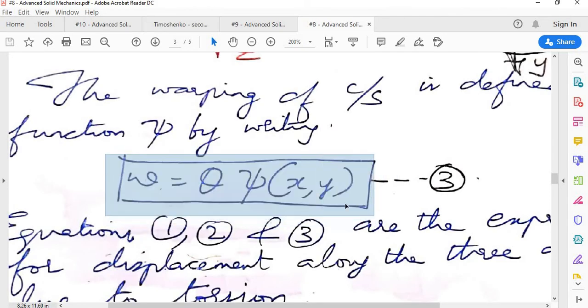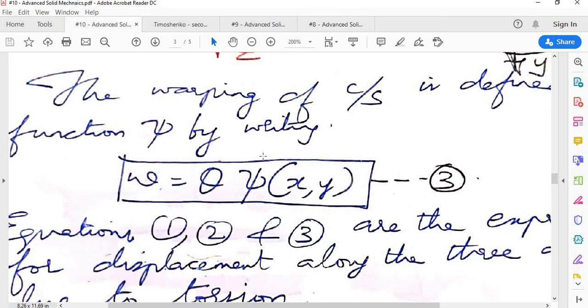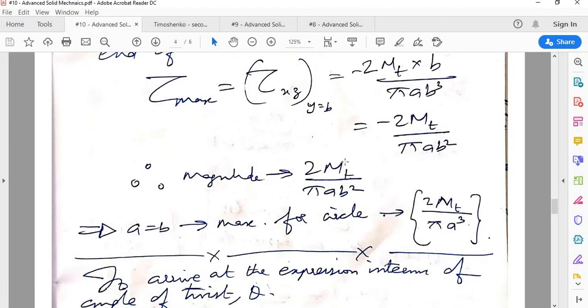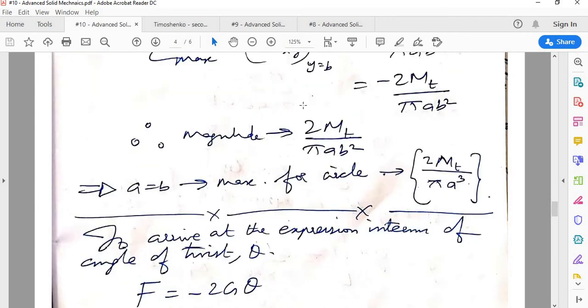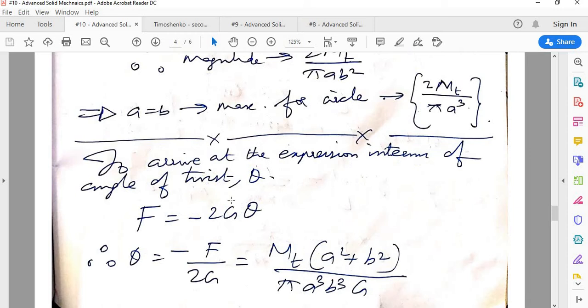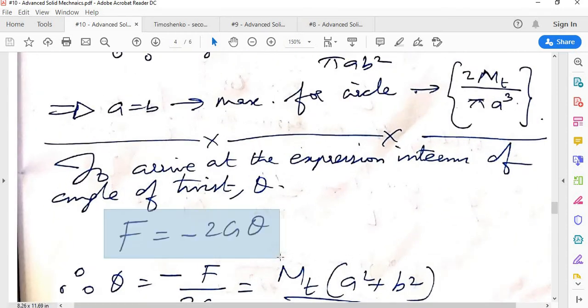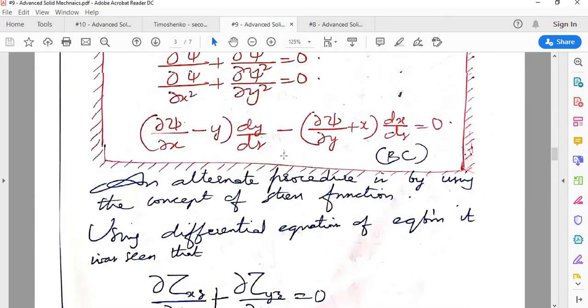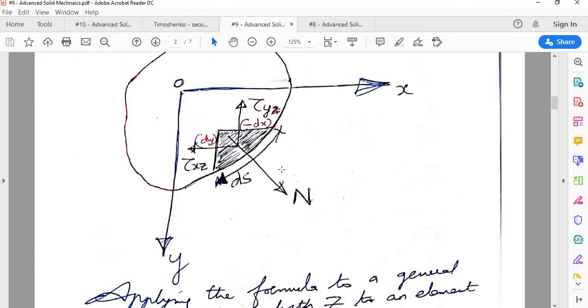This was our starting point, right? So let us determine for the ellipse the out of plane deformation that results from warping. First let us solve for the twist. Remember, F equal to minus 2G theta, that we had added in the last lecture.